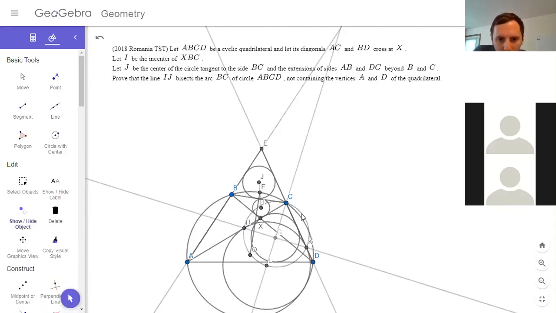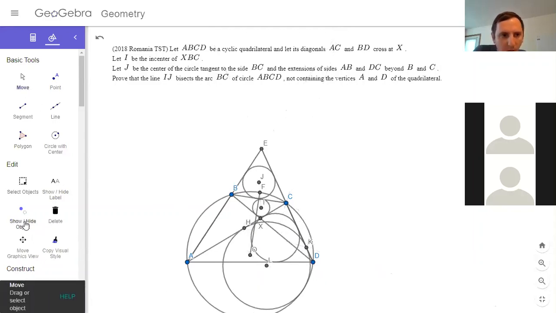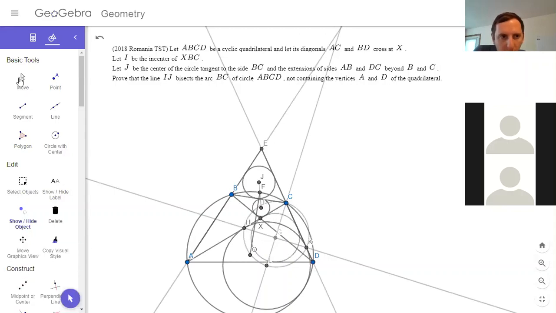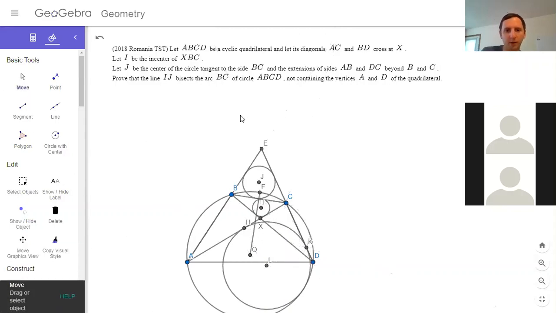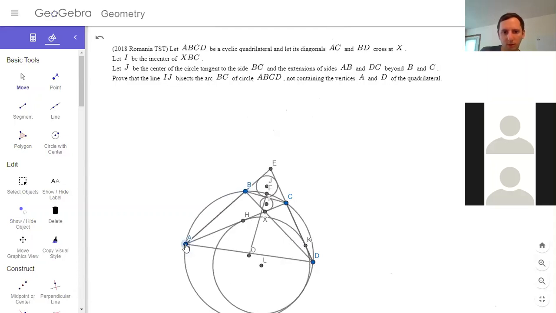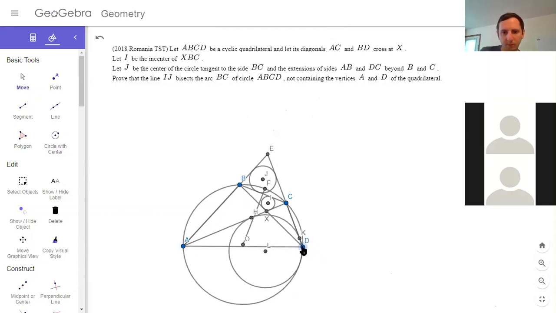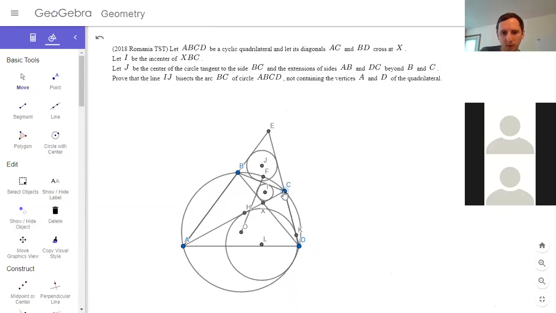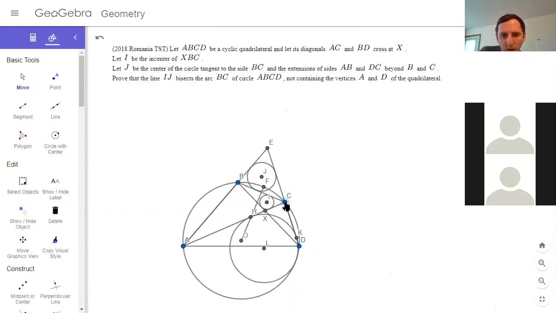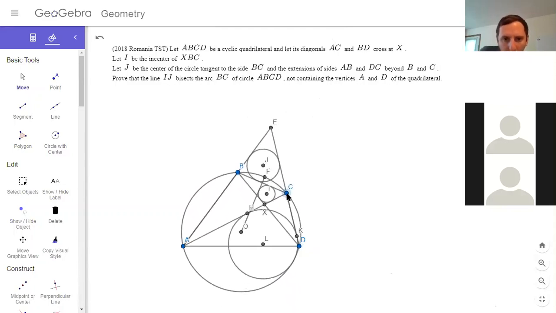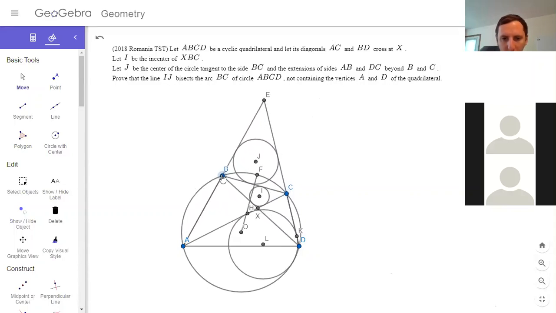What did I do? Hide that. Oh, let me hide this guy. There we go. Okay, so let's see. Let me make this figure a little better.